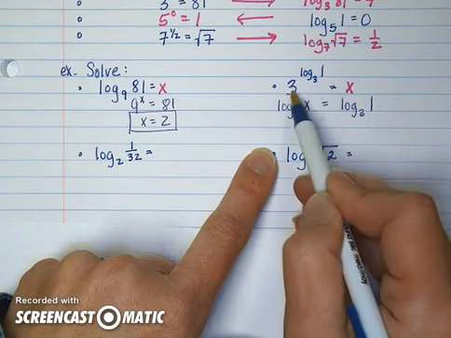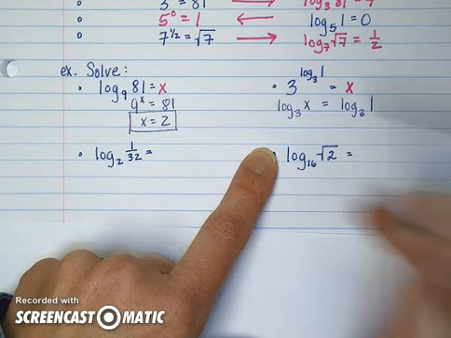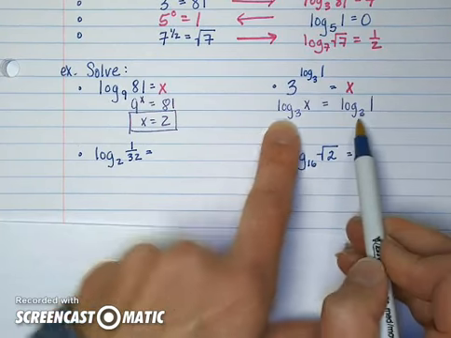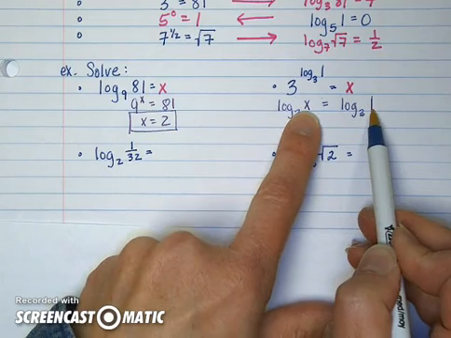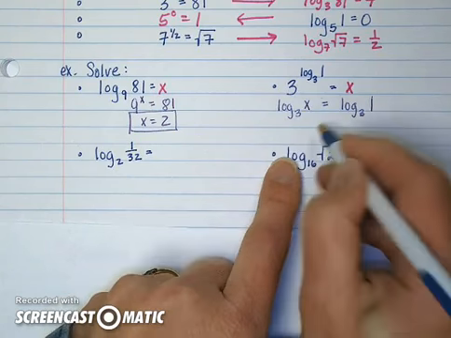Look, if they're both log base 3, one is of x, one is of 1, do you see how x must be 1?